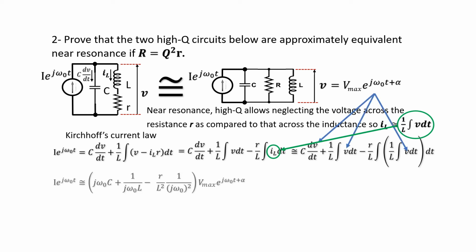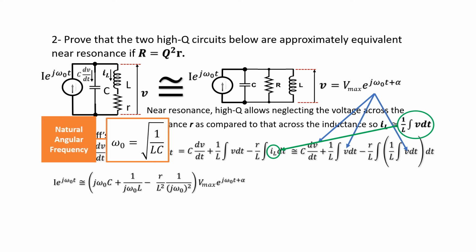That results in, let's make another replacement. These two cancel each other, which means that at resonance, the current through the capacitor is equal and opposite to that of the inductor. Finally, we get to this expression.